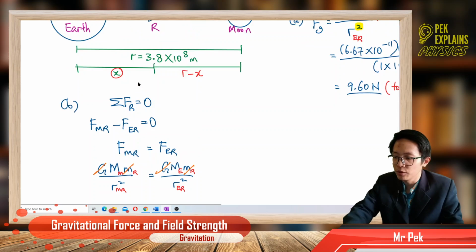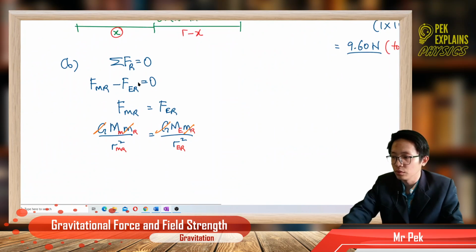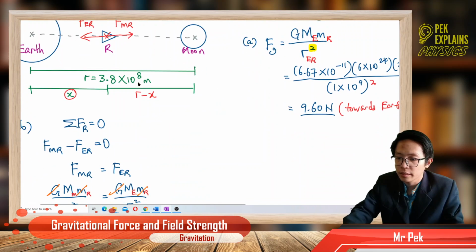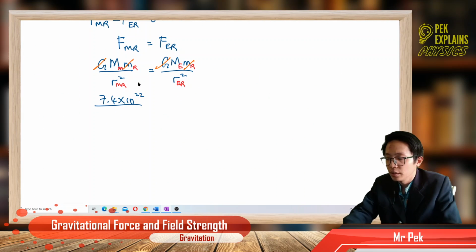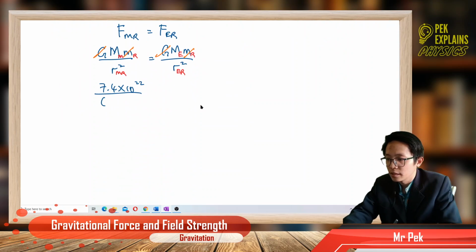So what's the mass of the moon? Substitute the value 7.4 exponent 22. And then the distance between the moon and rocket is R minus X. So we put this as R minus X, squared.